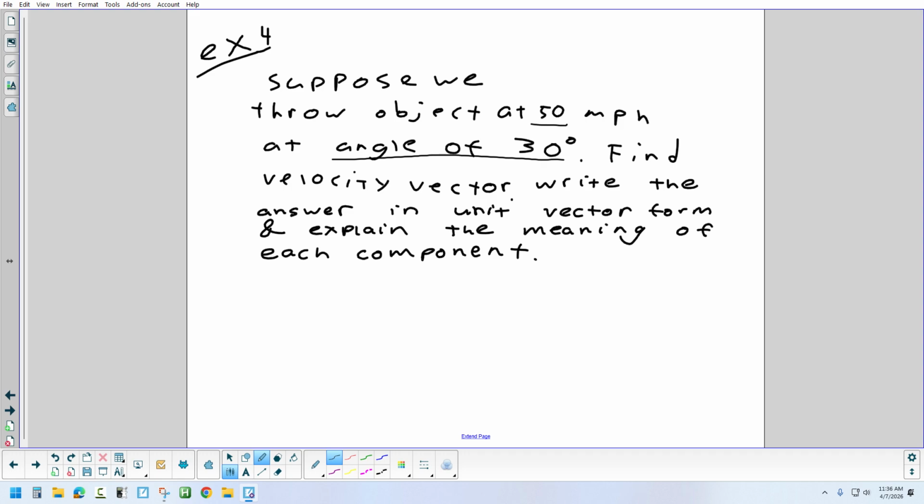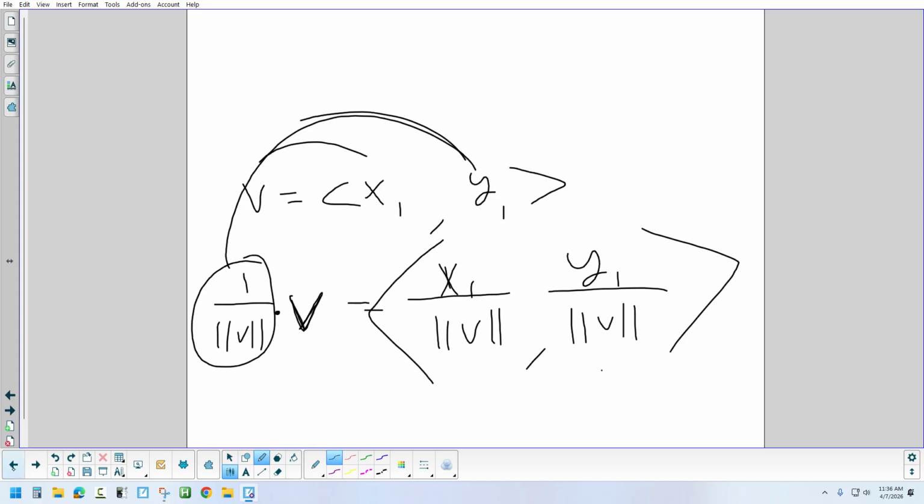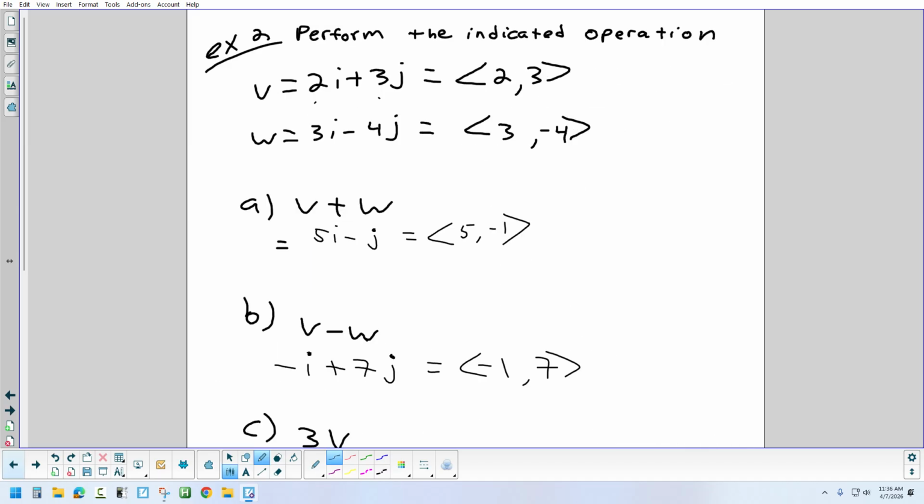Now, when we write a vector, is there an angle anywhere in the notation for a vector, whether we do it this way or that way? No. So I'm going to have to show you what we do with that angle to make our vector look like the way we're supposed to write it. Vectors are not written with angles. So we've got to work with that.